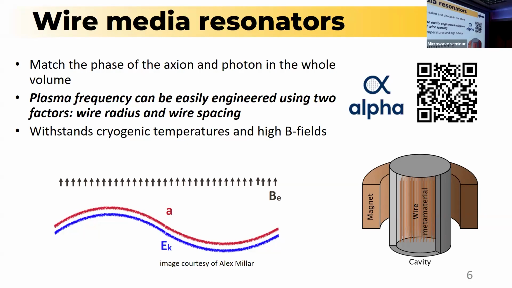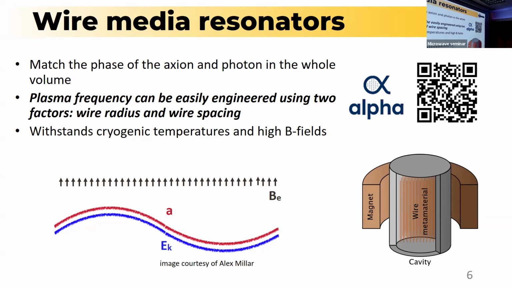Another characteristic is that in the experiment, if we want to increase the chances to detect the axion, we need to work at cryogenic temperatures, and as I said at the beginning, high magnetic fields. Those conditions are not easy to deal with for any material, but particularly for the wire medium, we don't have problems in these hard conditions. At least now we don't have big problems.